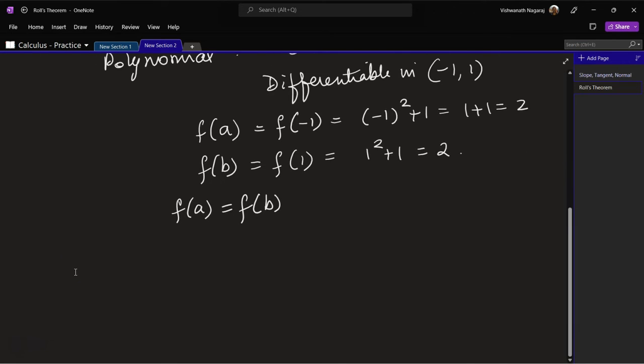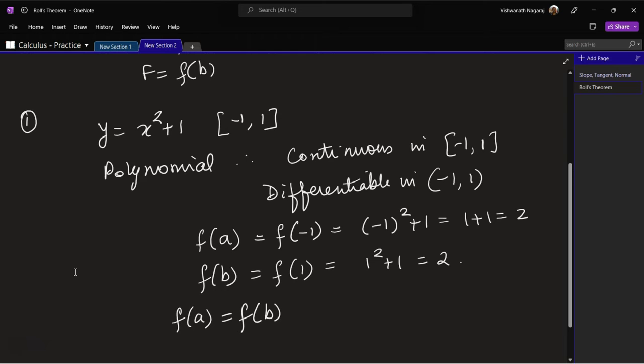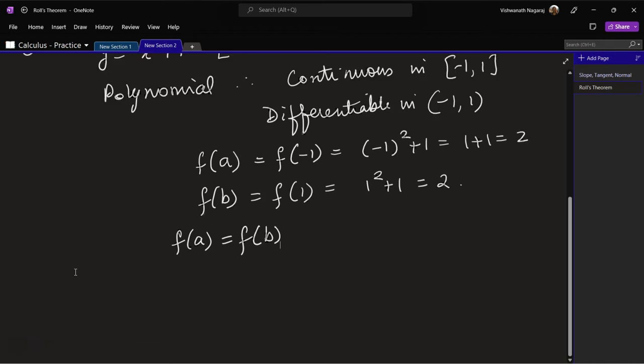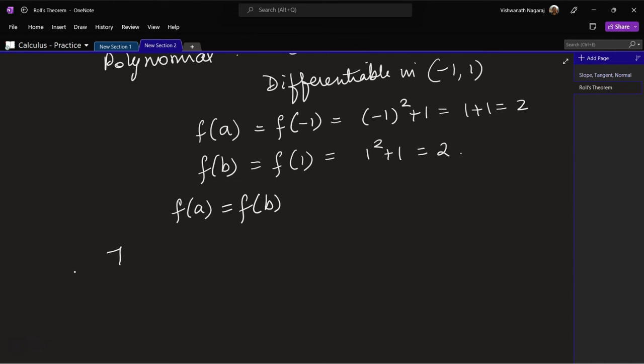Since all the three conditions are satisfied, what the theorem says is that there must be a point. That means there exists a point c belonging to the open interval -1, 1, such that f prime of c is equal to 0. That means the tangent at point c is horizontal.